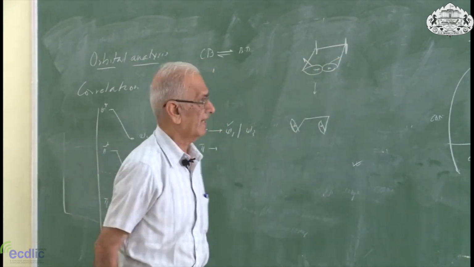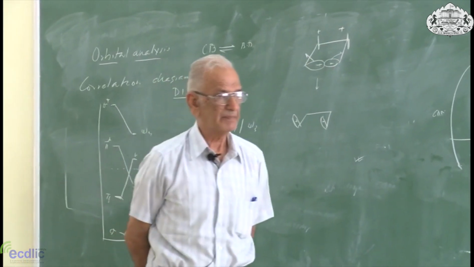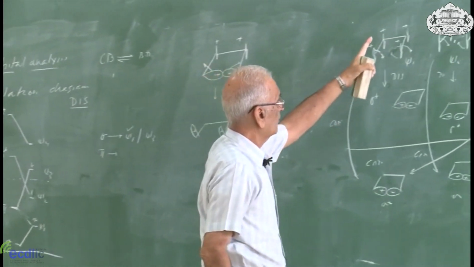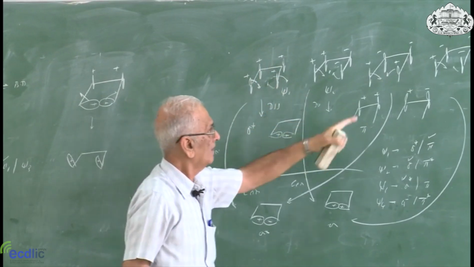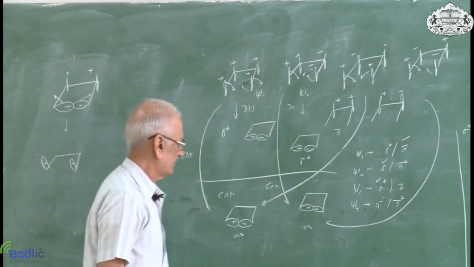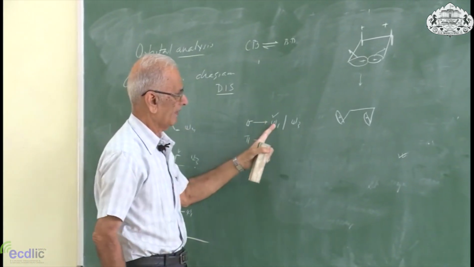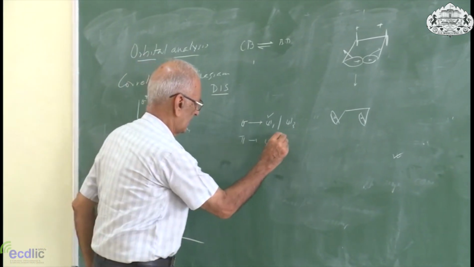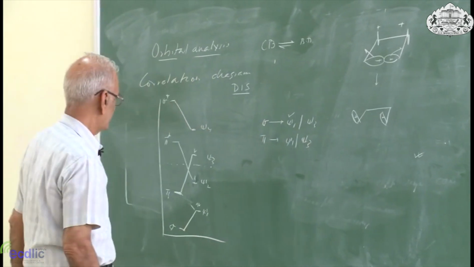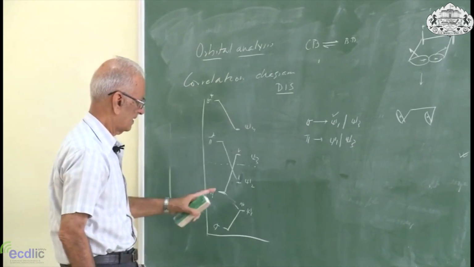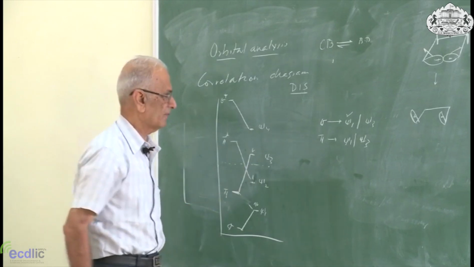The pi orbitals have the same sign, therefore, it will correlate with psi 1, middle orbital same sign, or with psi 3. So, I can correlate with psi 1 or psi 3. Psi 1 is occupied, therefore, I correlate with psi 3.